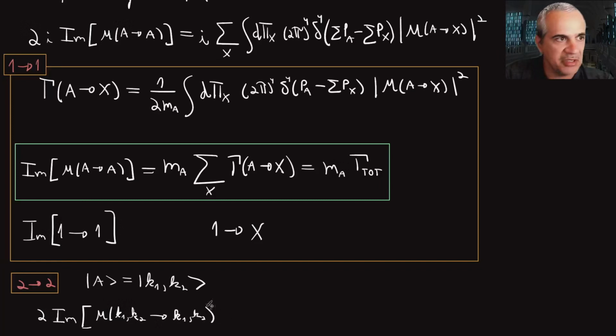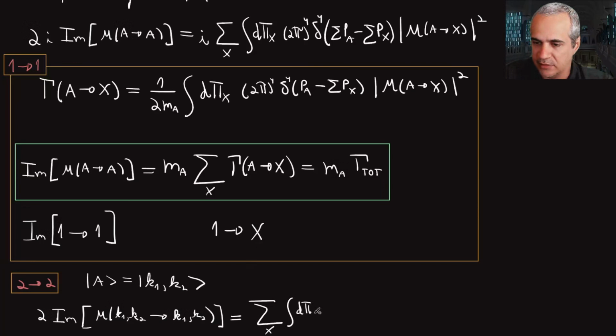Here, since we're assuming the initial and the final state are the same, this is a forward scattering. You have two particles coming at each other and they leave in the same direction. This does not mean that they didn't interact, but you produced them back in the forward direction. On the right-hand side, I just copy that thing. Now the sum is over all the possible intermediate X states.